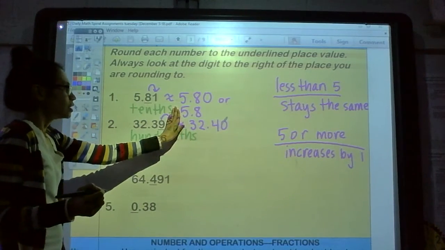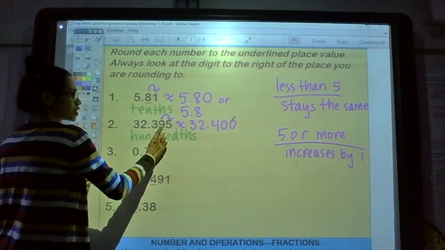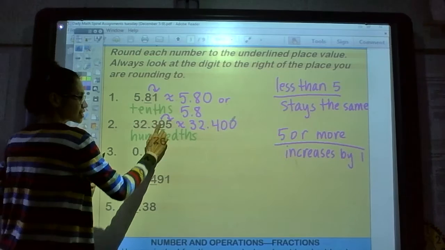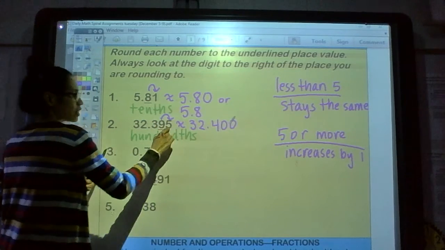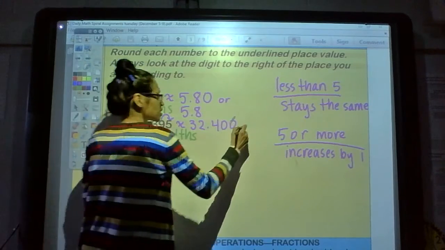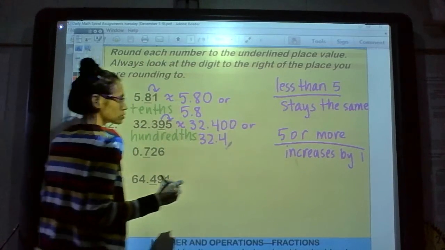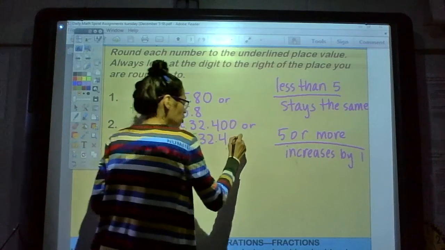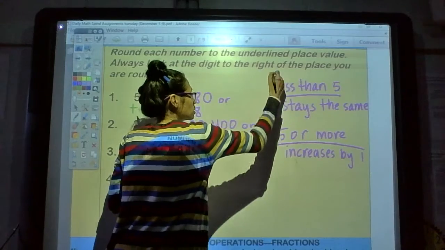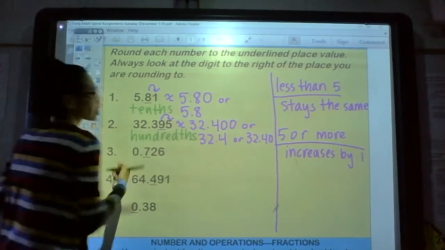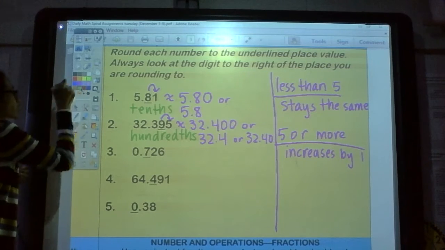Just like that. And that 5 becomes a 0. Did you see that? That 9 goes up, but since that's a 10, this is like a 39, so that becomes 40. And that 5 becomes a 0, which is the same thing as 32 and 4/10. Or you can do 32 and 40/100. All those numbers are the same. They're all equal. All right? Got that one? Let's do the next one.